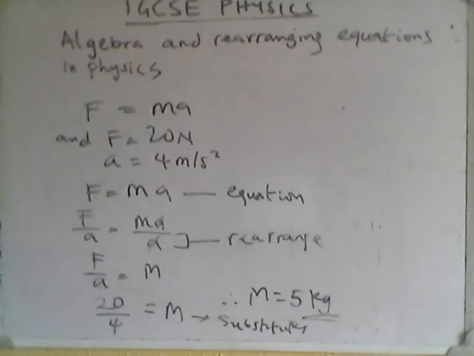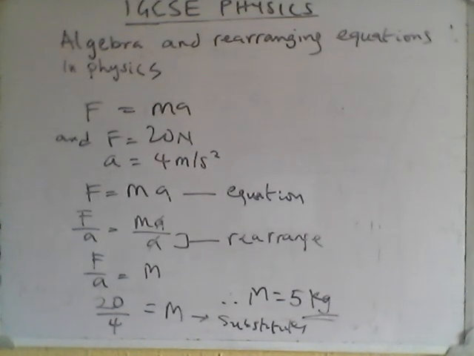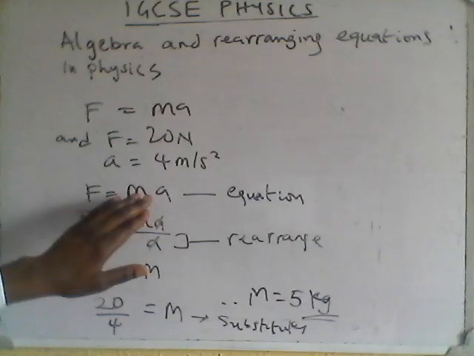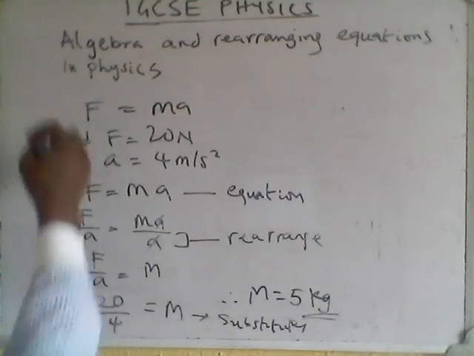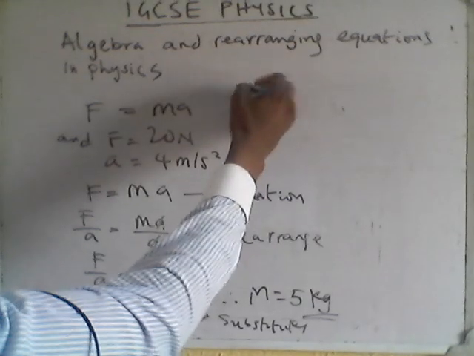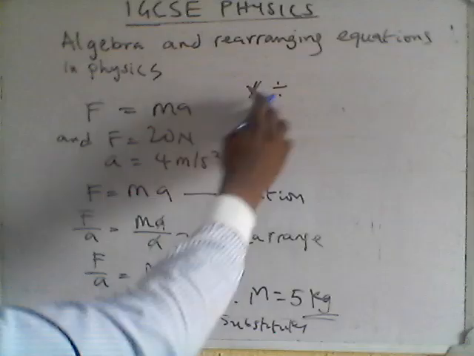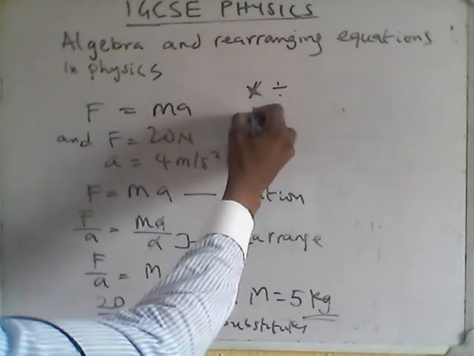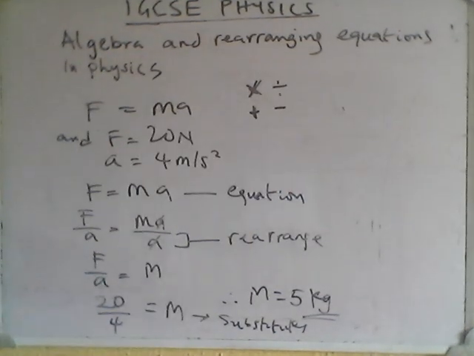We are told to always isolate what we want using the inverse operation. What that means is that if I have multiplication attaching a variable, I use division to remove that variable. If I have addition attached to a variable, I use subtraction to remove that variable.